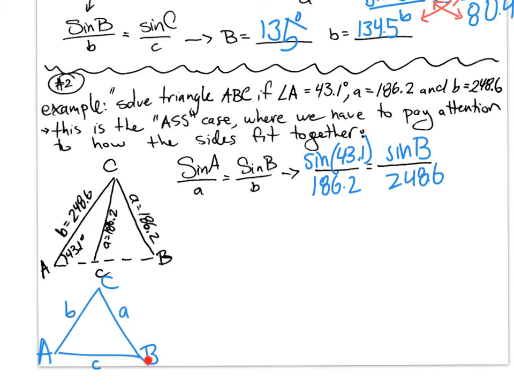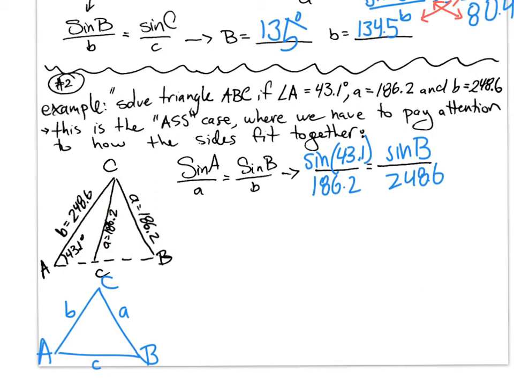It's just some random triangle, but you can write in your information. So that's why I got this 43.1 and the 186.2 for A, and then B equals 248. We can talk about that later.